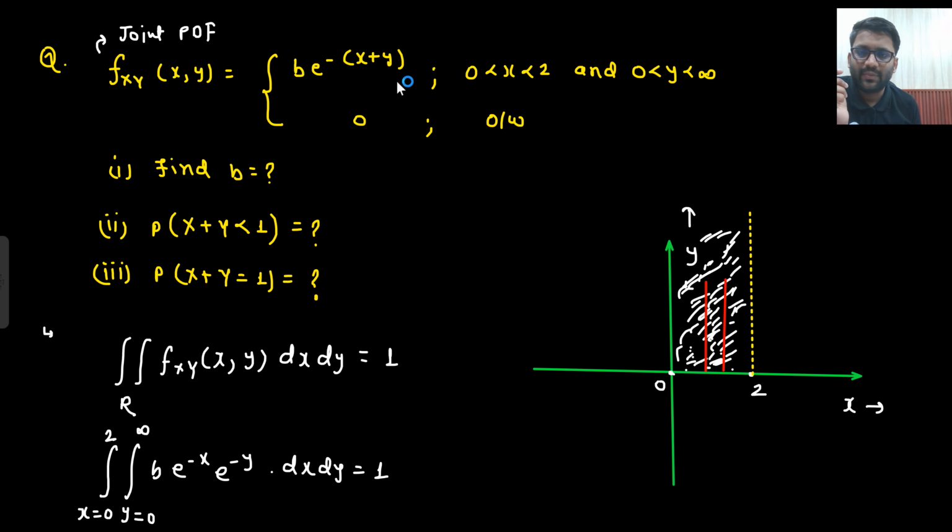Here what is given? f(x,y) is given, that is b e to the power minus (x plus y), dx dy. And this is something that I need to calculate now, right? So I know the value of b. x is going from 0 to 1, y is going from 0 to 1 minus x.